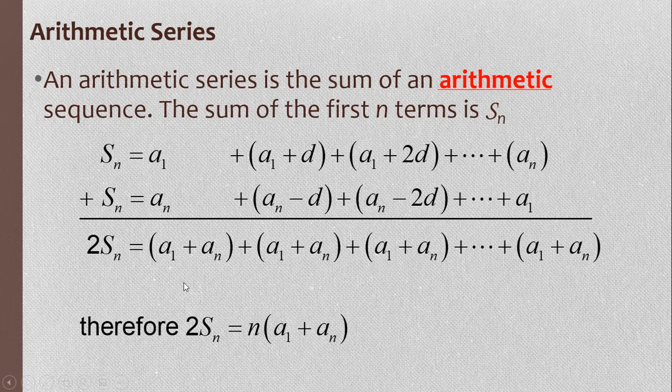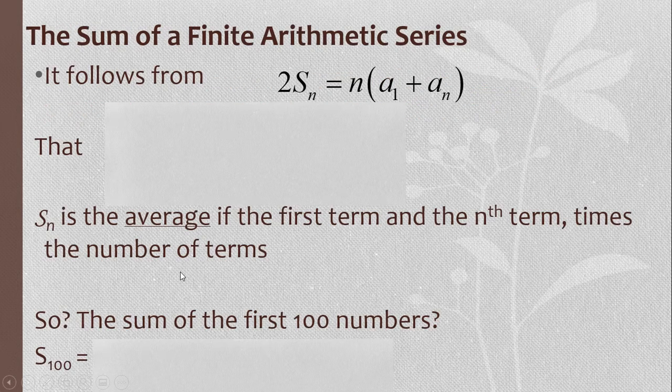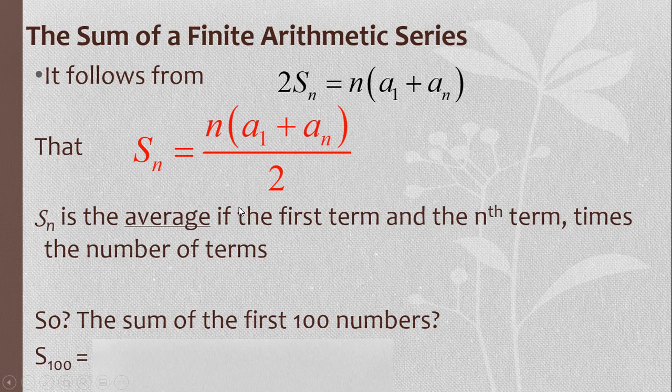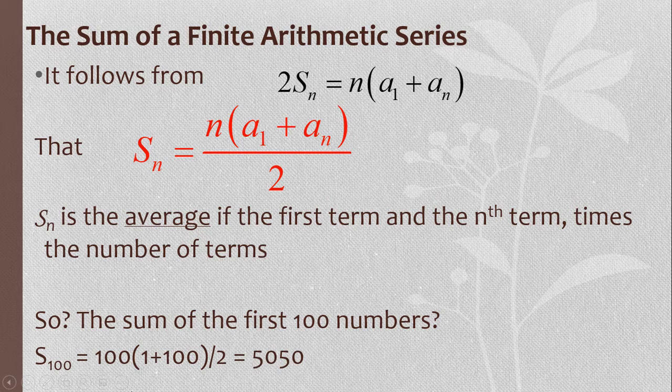So that's the sum of two arithmetic sequences added together. And so we can figure out that for the first 100, it's going to be 100 times 1, which is my first term, plus 100, which was my a sub n, and divide that all by 2, which gives 5050. So that's a pretty easy way to do that.